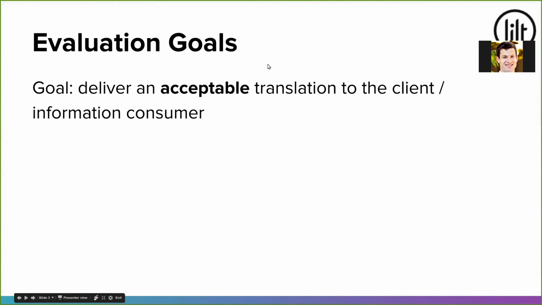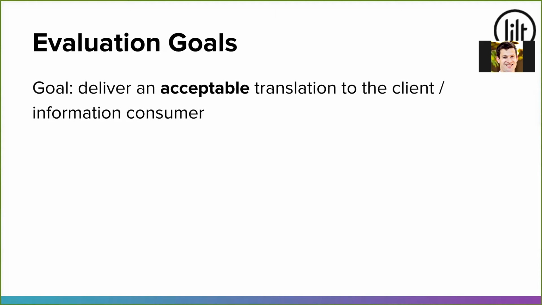By acceptable, that could be subjective. So for me, when I'm browsing the web and I don't speak any Korean, just getting some raw machine translation output might be acceptable to me because I'm not really willing to pay any money and I don't speak any Korean, so something is better than nothing.